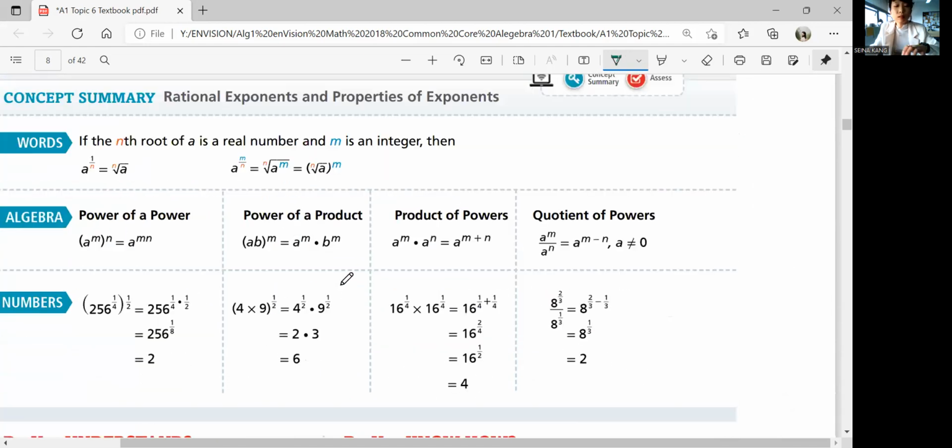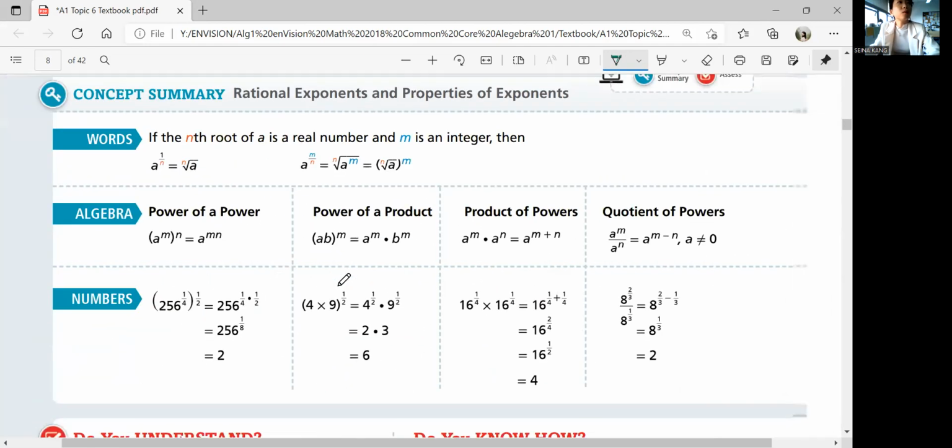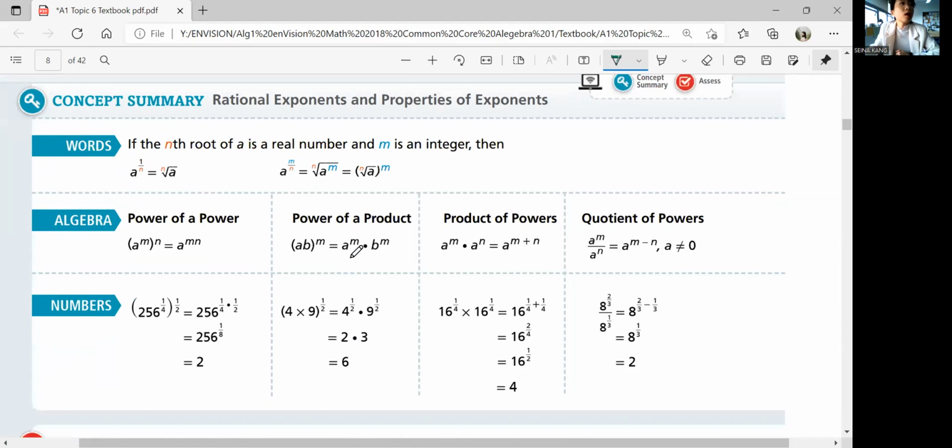All right, so let's summarize our lesson. Here's a nice summary of the rules of exponents. We have a power of power property, product of powers property, power of powers property, quotient of powers property. These are the variables, and m and n are different powers. And numerically, these are the examples that you can see of those properties.